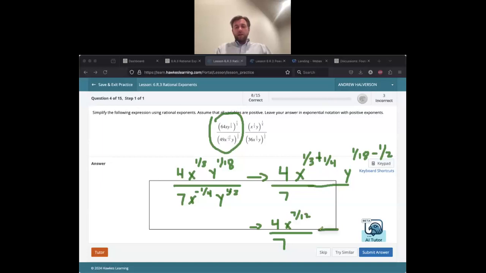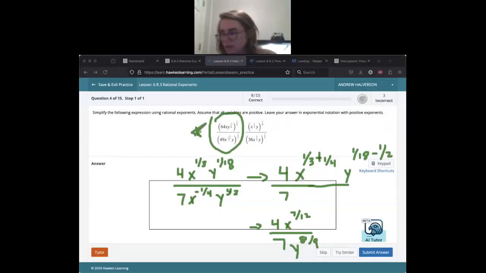And this one here is y, 1/18 minus 1/2, which is 1/18 minus 9/18, which is y to the negative 8/9. We can take this and shift it down to the bottom, so it becomes y to the positive 8/9 in the denominator. That's what this first fraction reduces down to.